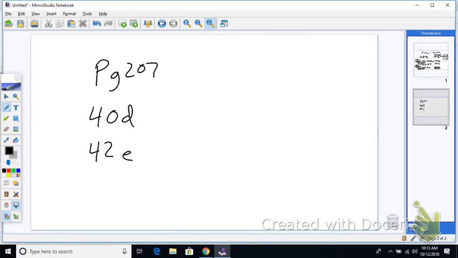Okay, so 40D, the formula is Ca3(PO4)2. So you'll find the percent by mass of that one. And the next one is sulfadiazine, which is antibacterial cream.